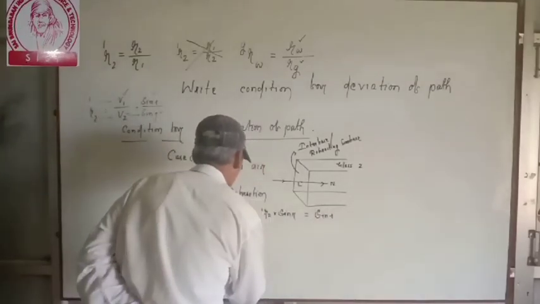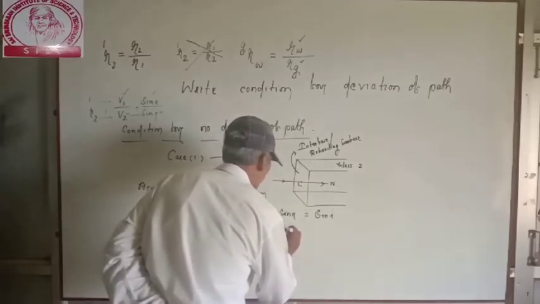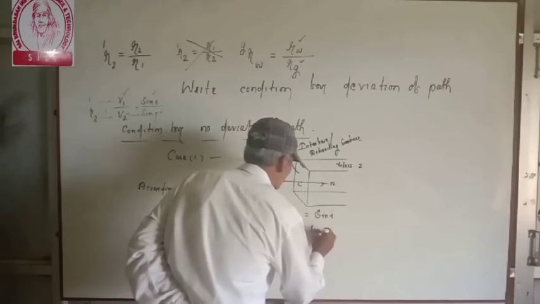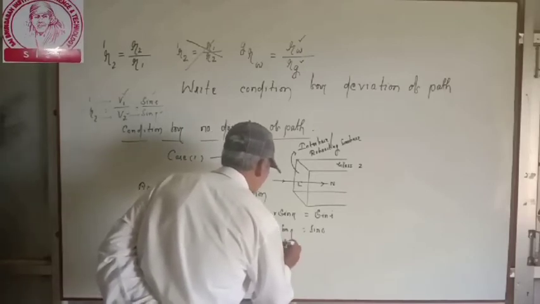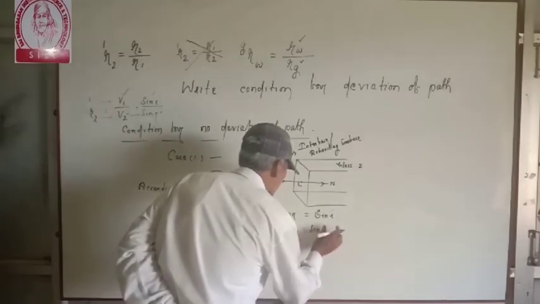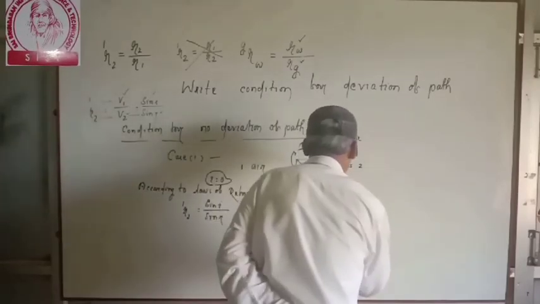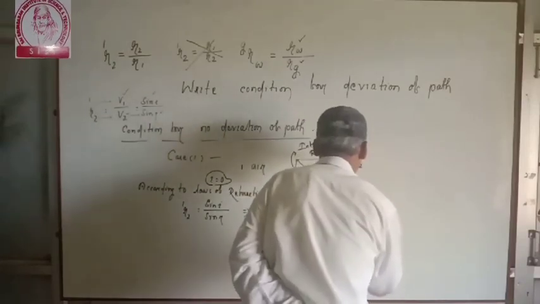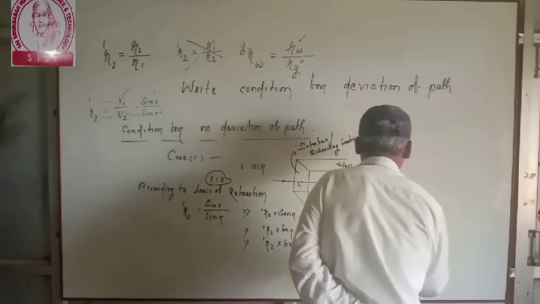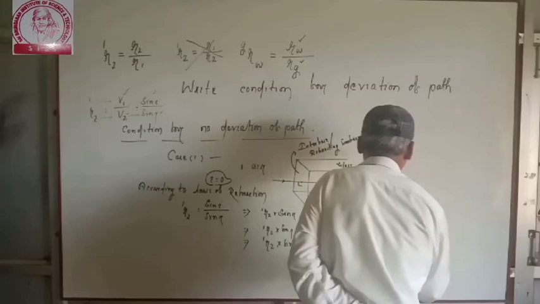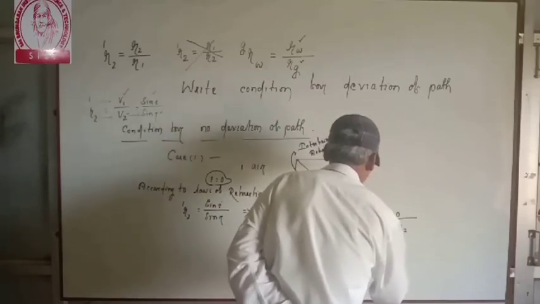Put it here. 1 mu 2 into sin R is equal to sin 0, which is 0. This implies sin R is equal to 0 by 1 mu 2, so sin R is equal to 0.